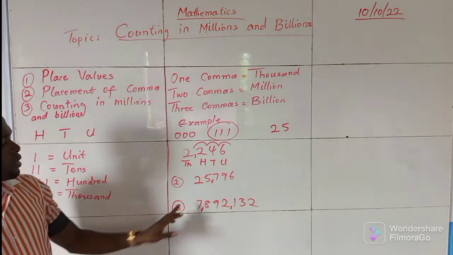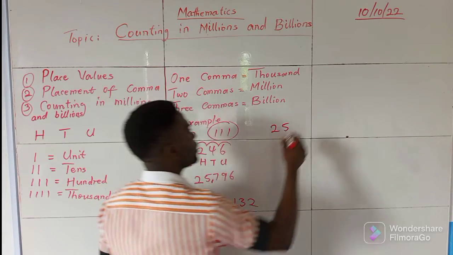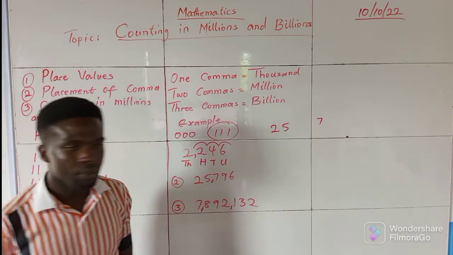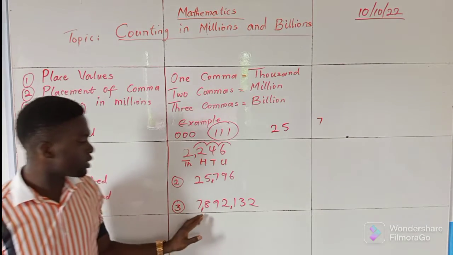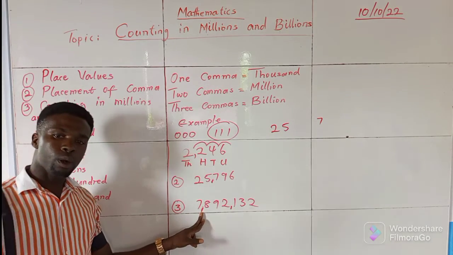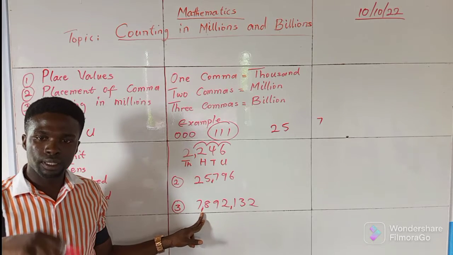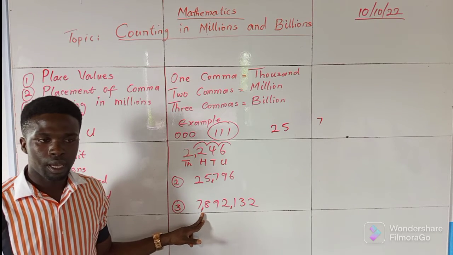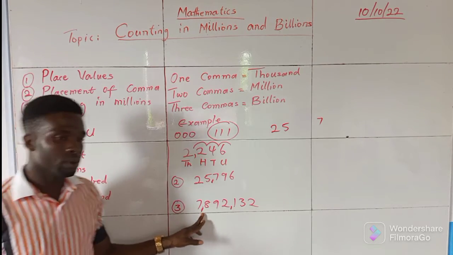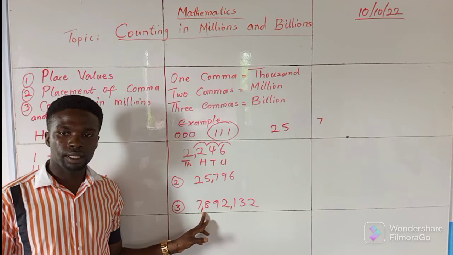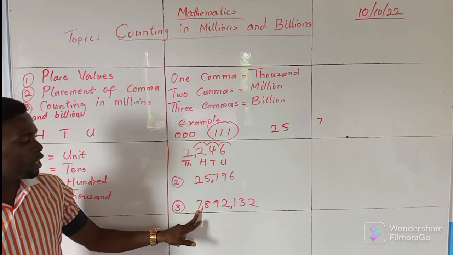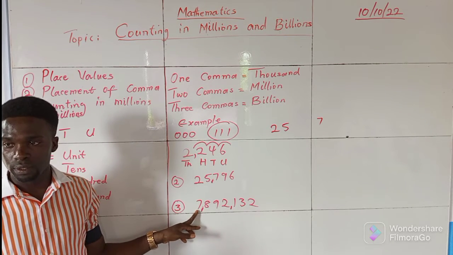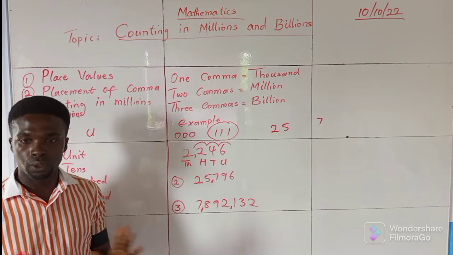Now let's pronounce this. Normally this is units and you call this what? 7, right? You call it 7. Yes, once it is after the comma, you come back to your units, tens and hundreds. Are you getting me? So here you have 7, you call it 7 because it's single, just standing alone.